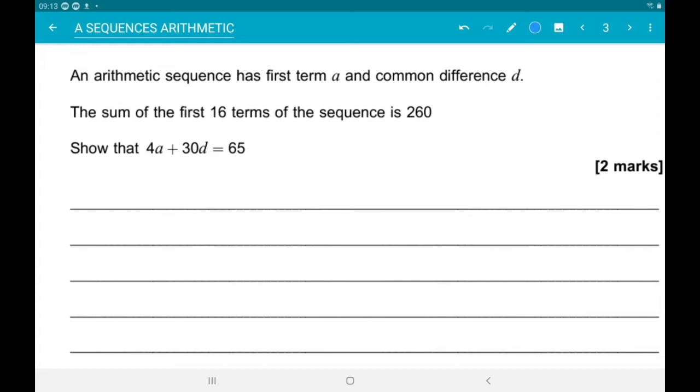Alright, so to do that, we're going to turn the sum into an equation.